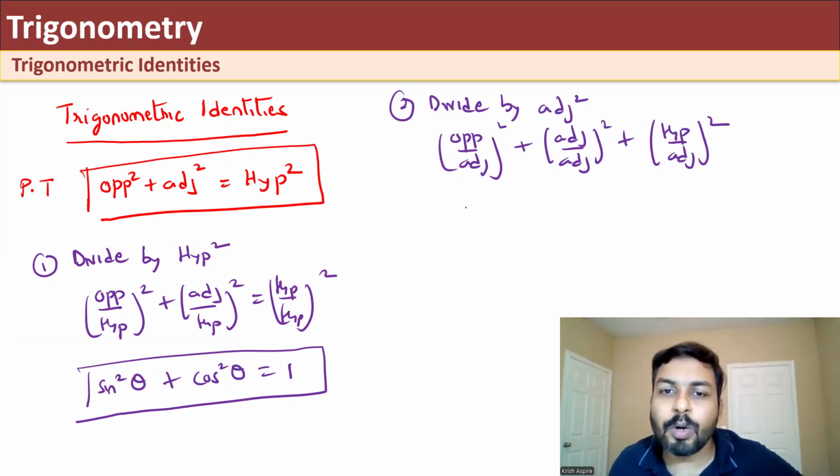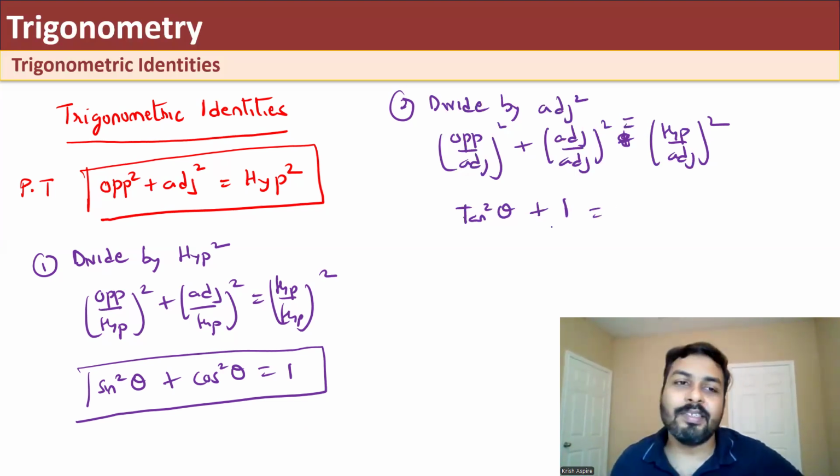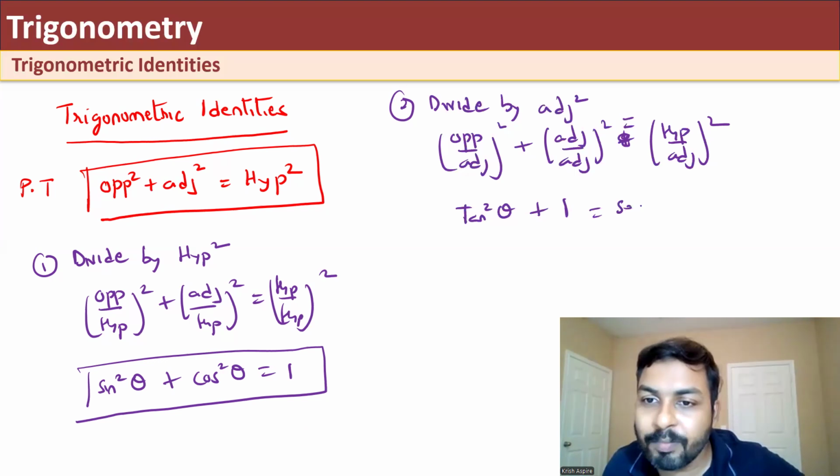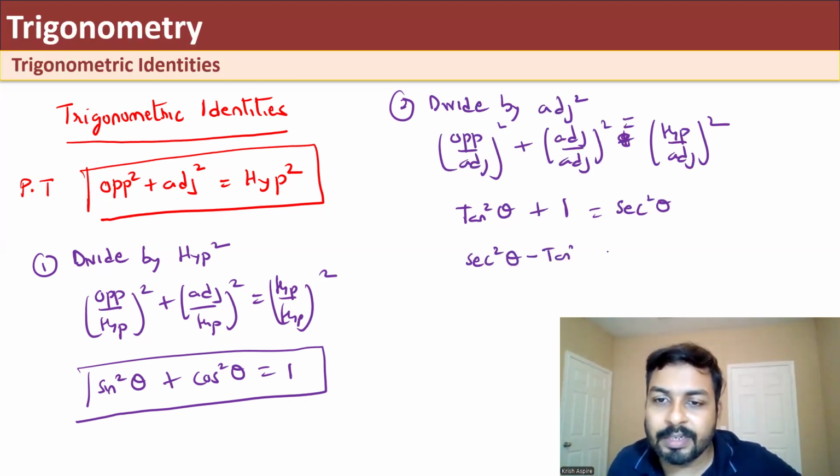So opposite by adjacent is tan theta, adjacent by adjacent is 1, and hypotenuse by adjacent is the reciprocal of cos, which is secant theta. Now, if I send this tan square theta to the other side, what I'll get is secant square theta minus tan square theta equal to 1.